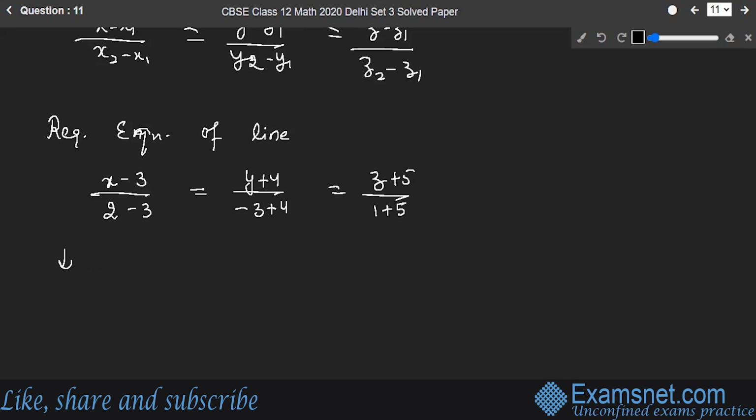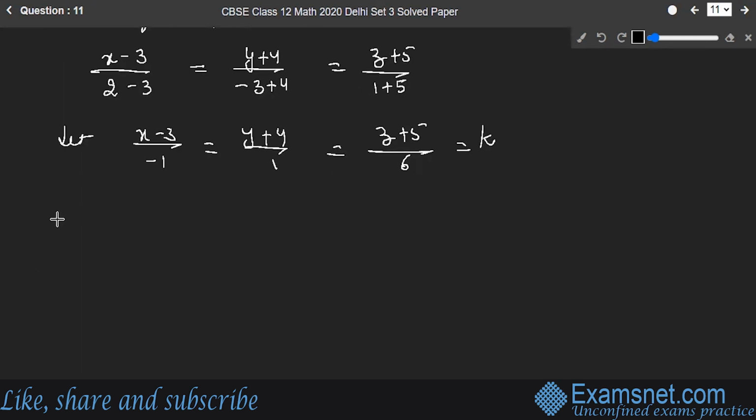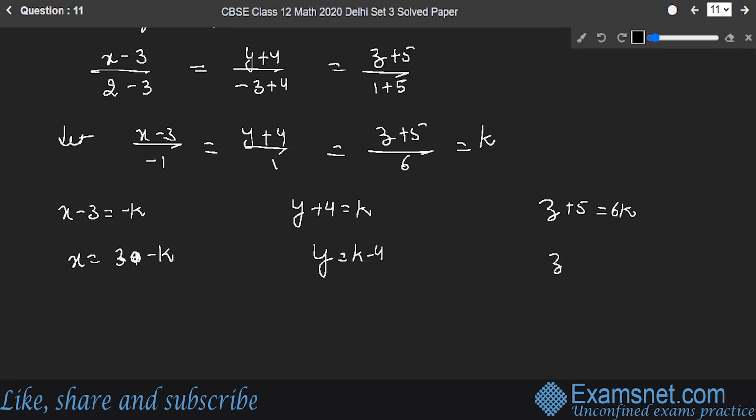So let's say this, x minus 3 upon minus 1 is equal to y plus 4 upon 1, z plus 5 upon 6. Let's say this is equal to k. So that means x minus 3 is equal to minus k, y plus 4 is equal to k, z plus 5 is equal to 6k. So that gives you x is equal to 3 minus k, y is equal to k minus 4, and z is equal to 6k minus 5.